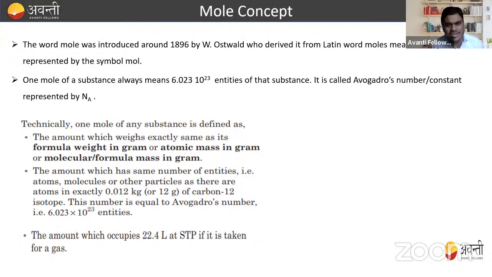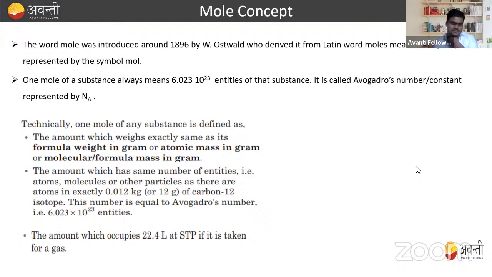So what is the mole concept? Basically, the word mole was introduced around 1896 by W. Ostwald, who derived it from the Latin word. What does mole mean? Mole means a heap or a pile. It is represented by the symbol mol.